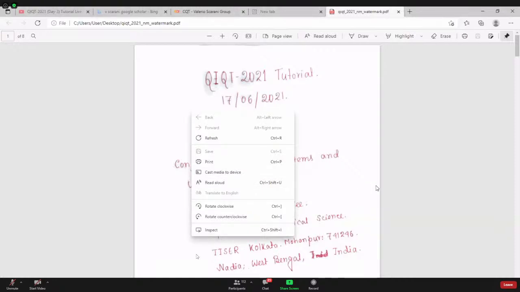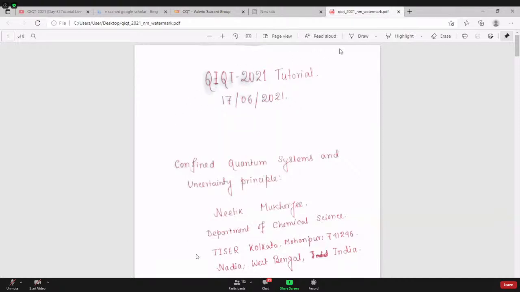Switch to Zoom. Minimize the browser. Can you repeat what's the problem?